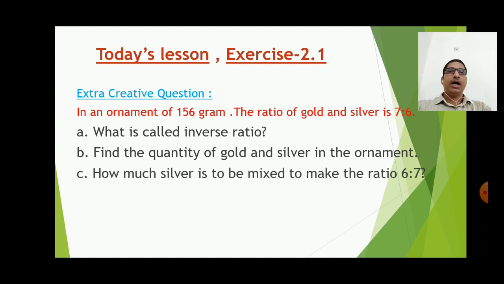Question number C. How much silver is to be mixed to make the ratio 6:7? Look at here. Here given 7:6 this ratio. Now if we want to make the ratio 6:7, then how much silver need to be mixed? Here we will find out.